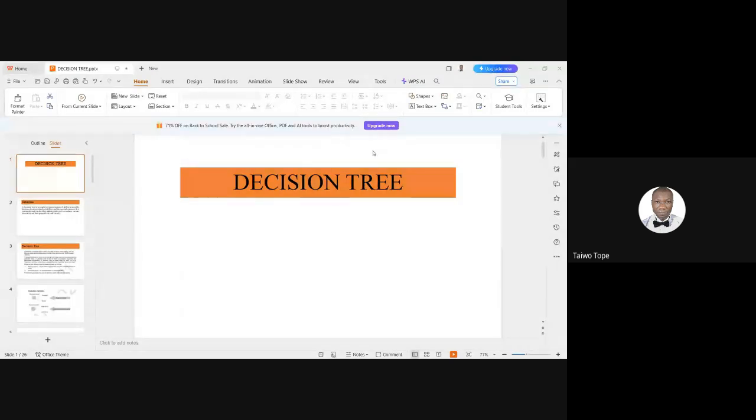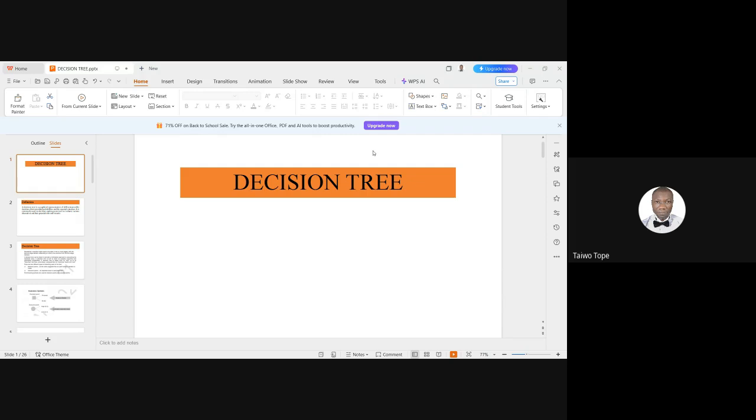You transform those sentences into diagrams. You transform those sentences into a model to show managers, to show the board of directors the outcome that will result if a decision is taken.